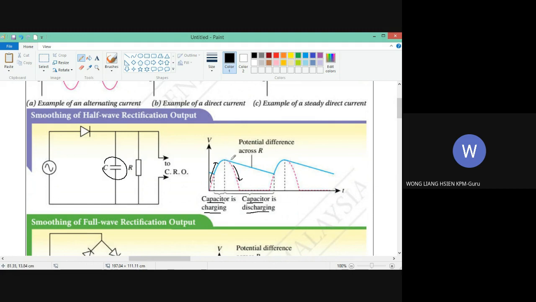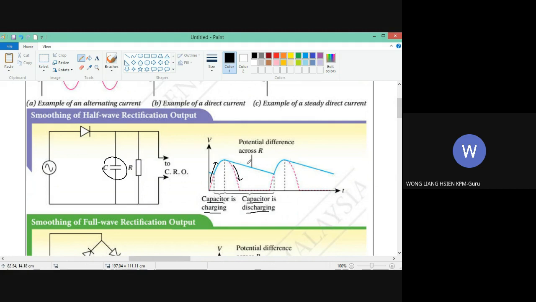So when it discharges, you see the load, this R, the potential difference or the voltage that the load gets will not drop together with the alternating current, but it will drop slowly. It will slowly go down because the capacitor releases the charge to support.